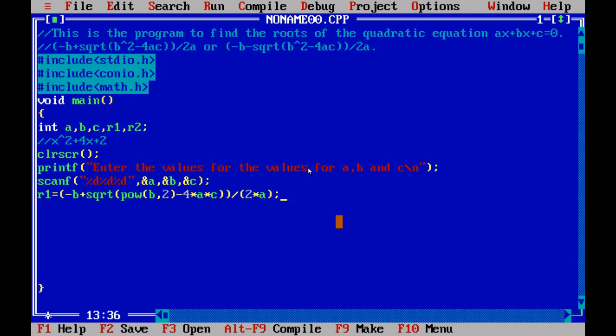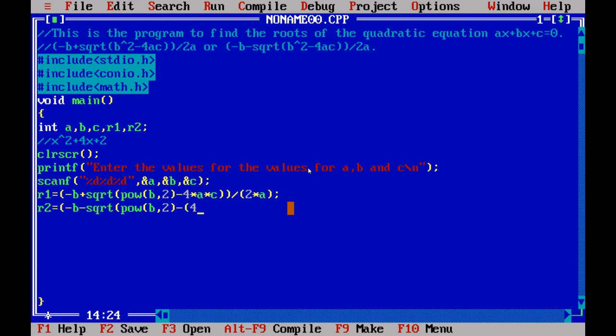Next, we have to type this same formula, but instead of plus, we have to substitute minus. So here R2 equal to minus B minus sqrt of pow B comma 2 minus 4 into A into C. If you wish to have it in a clear way, you may type like this.